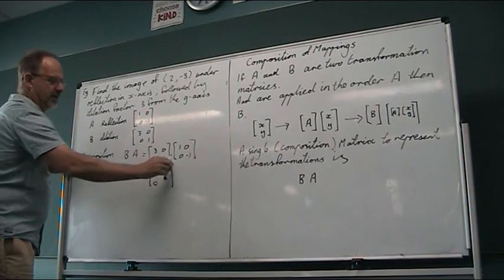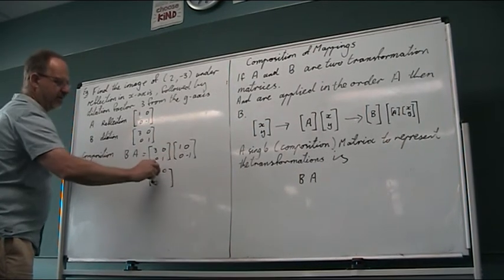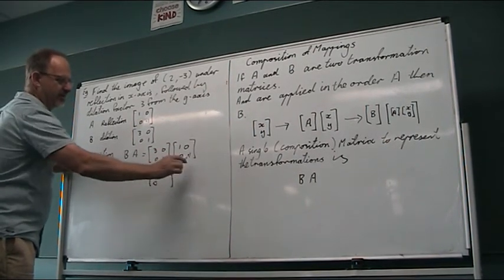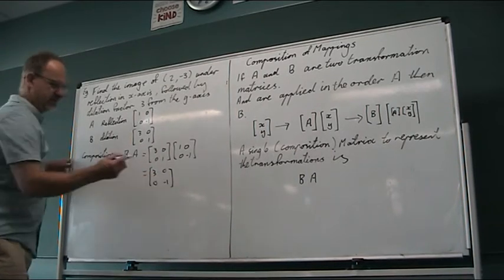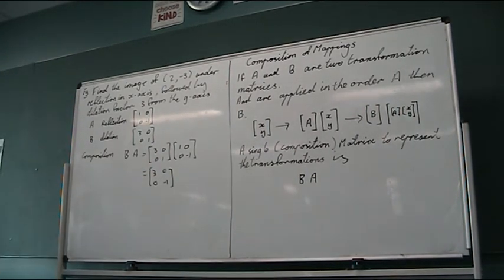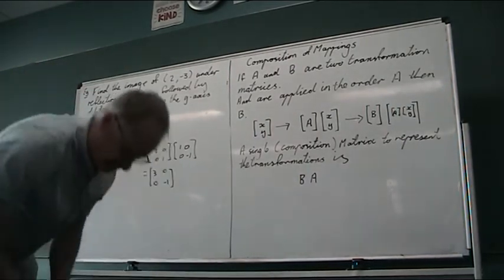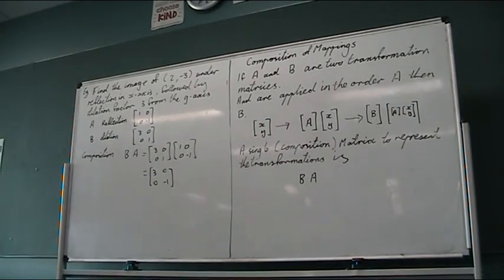And second row, second column, 0 times 0 plus 1 times negative 1. And so there's our composition matrix. So in that case, it was not too tricky to get.